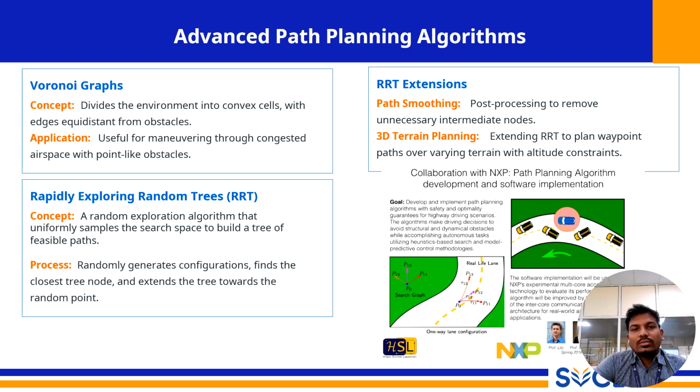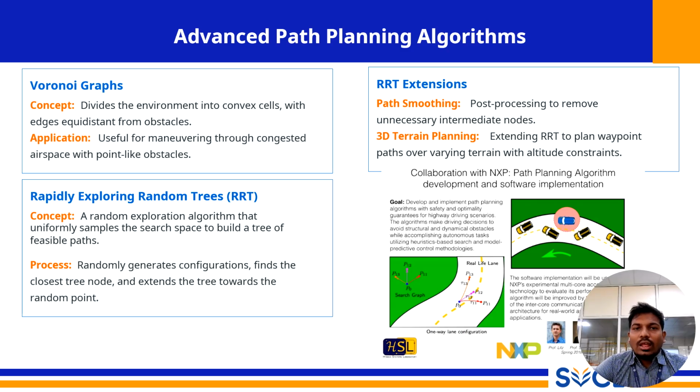The next method is the RRT extension. To deal with those jagged, less than ideal paths, we turn to post-processing techniques. One key extension is called path smoothing.